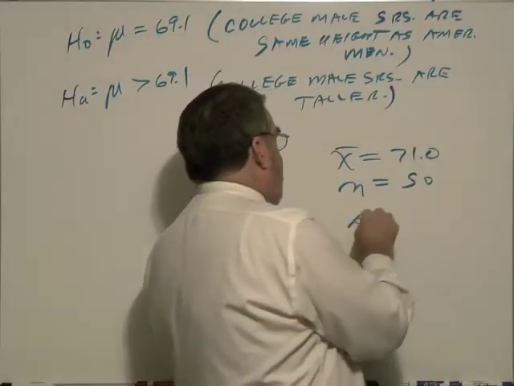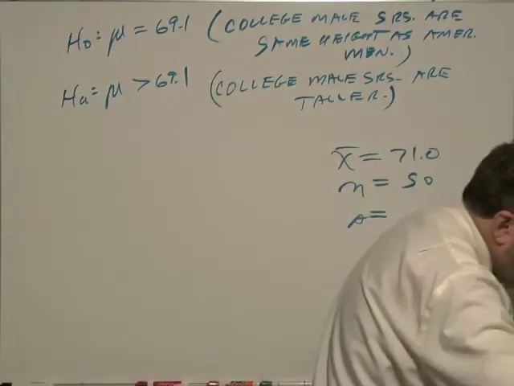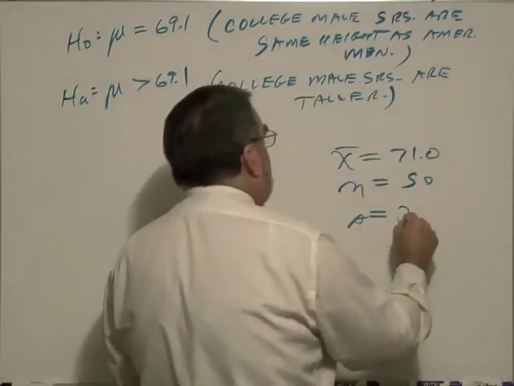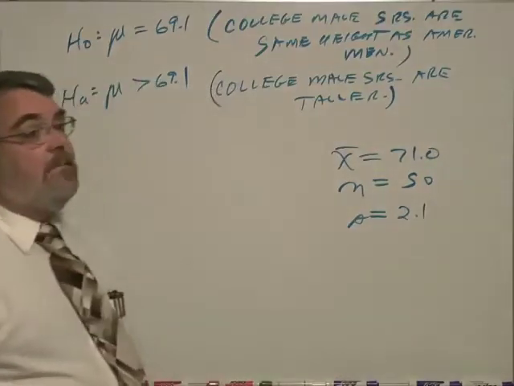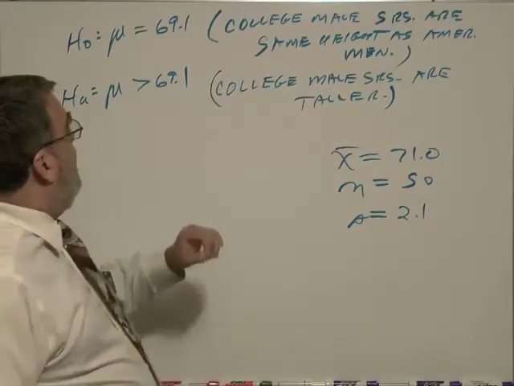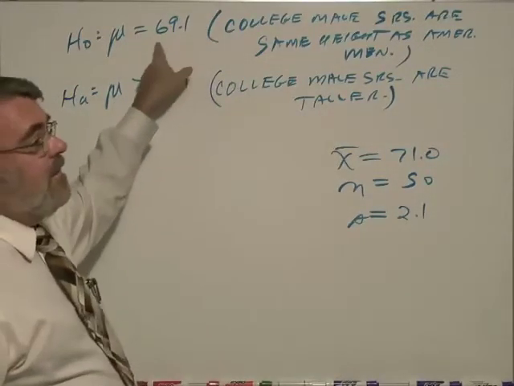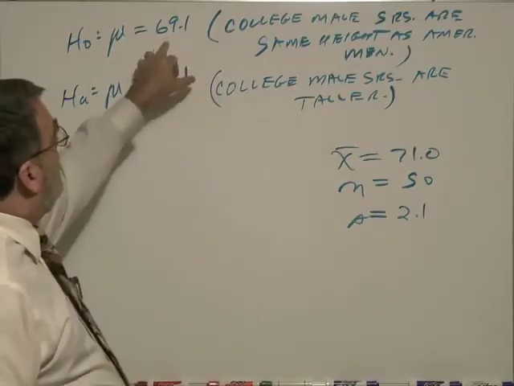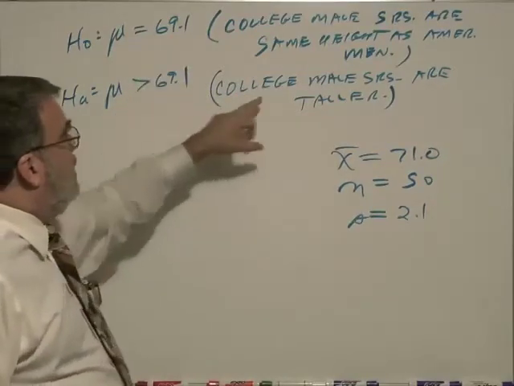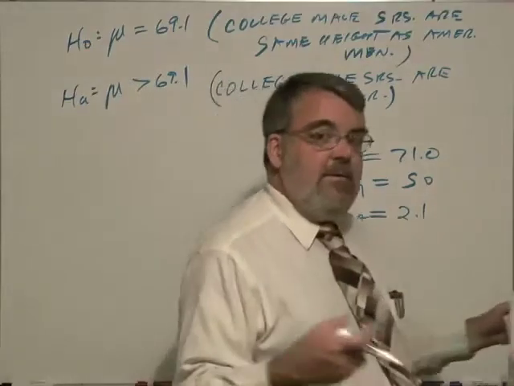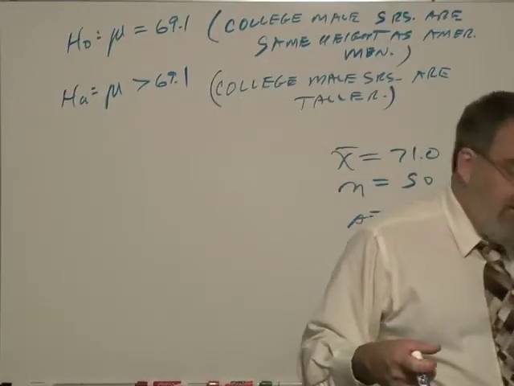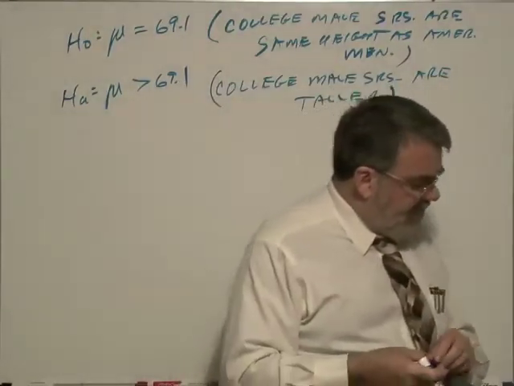And they had a standard deviation of 2.1. So this came from the National Center for Health Statistics number, and using the sample, we're comparing that to the status quo. And so that's how you would set up that hypothesis test.